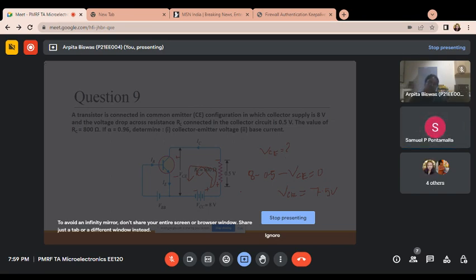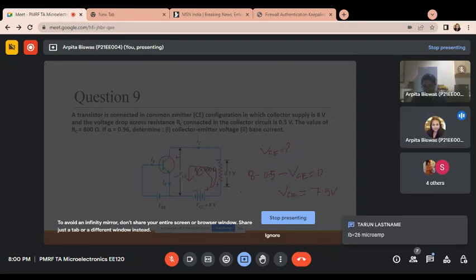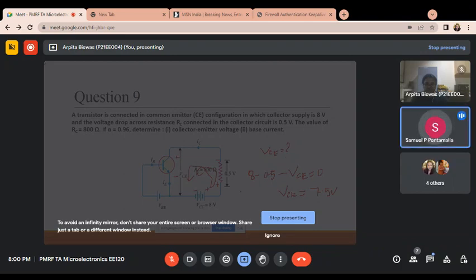Okay. So as we have done in the earlier question, here you can find out the IC value. If any voltage drop across any resistance is given, you can find out the current passing through this resistance. So the current passing through this resistance is also equal to the IC, na? So from the, 0.625 milliampere. So Samuel, how do you calculate this IC value? Collector current we have to find, no? Collector current 0.5 by 0.8 kilo.